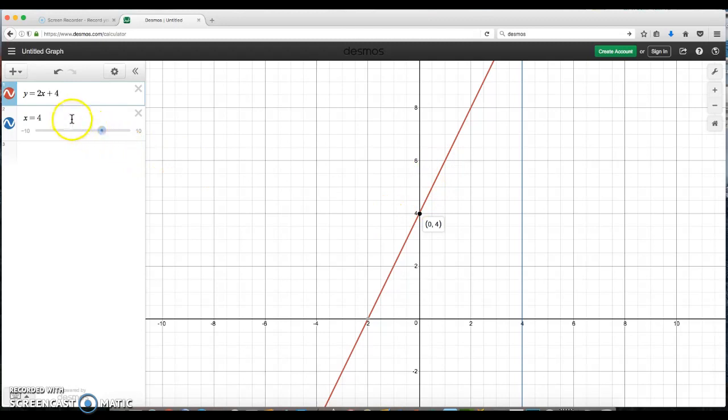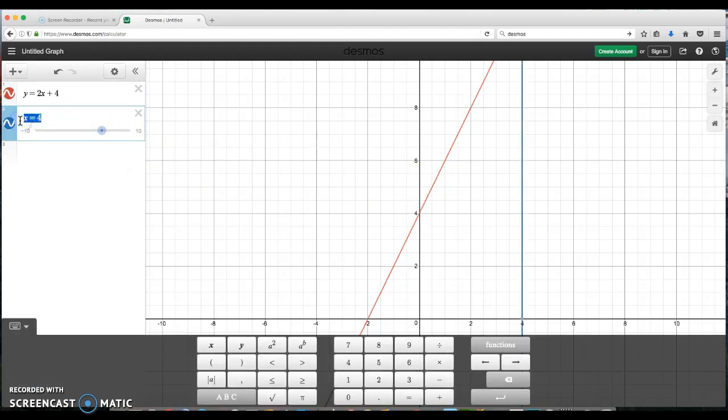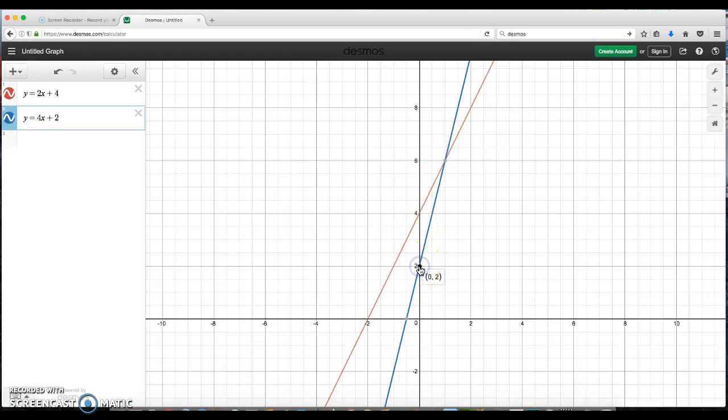Consistently. Now if we put another equation in, such as y equals 4x plus 2, we see our y-intercept at 2 and our slope of 1, 2, 3, 4 over 1.